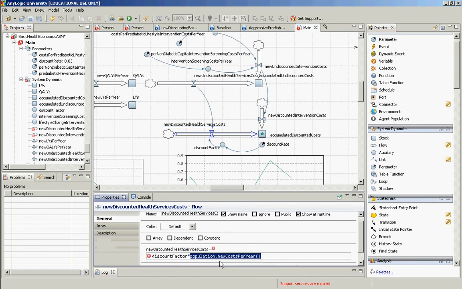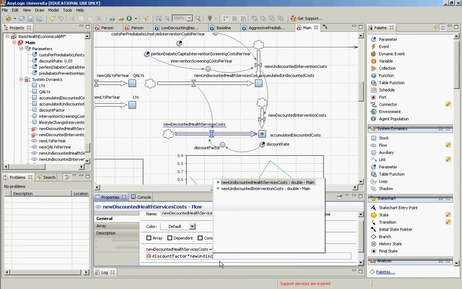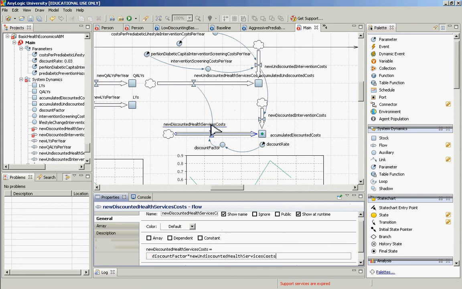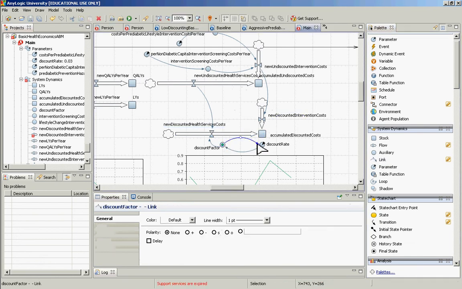Rather than calling the population statistic, I'll multiply it times the new undiscounted health services costs. There we go. Okay. So each of the flows into this stock here, which is the accumulated discounted cost, is simply a discount factor times the corresponding flows within the undiscounted context.